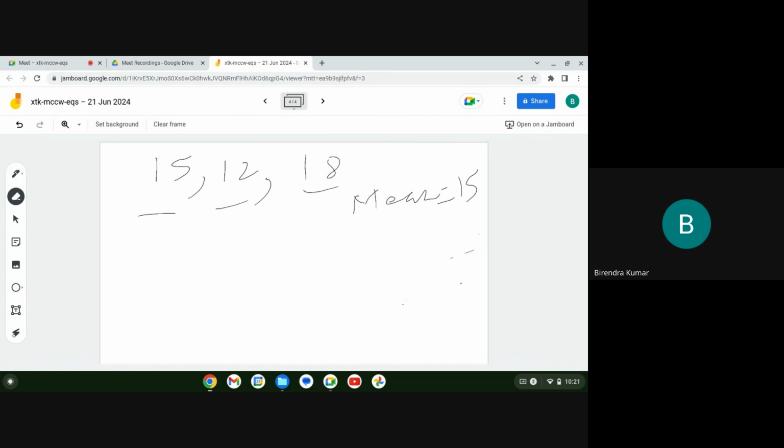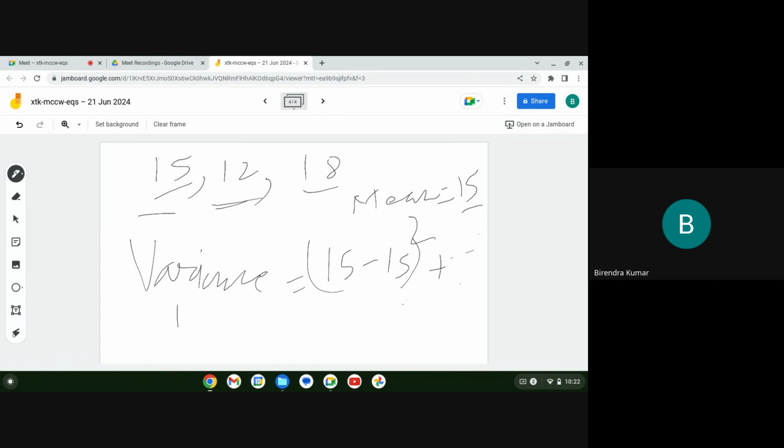Now what I'm saying is, to find out the variance, what you have to do is, take out the first number, 15, minus the mean. Mean is 15. Okay, square of that. Plus the second number, 12. 12 minus mean, which is 15.